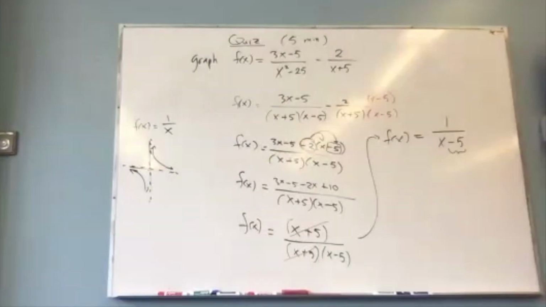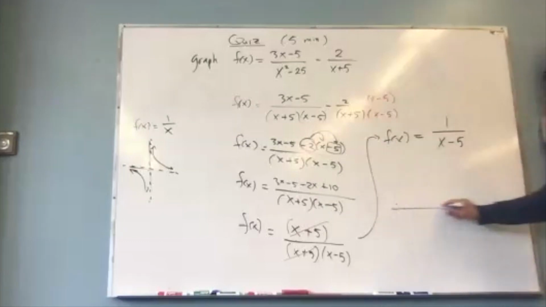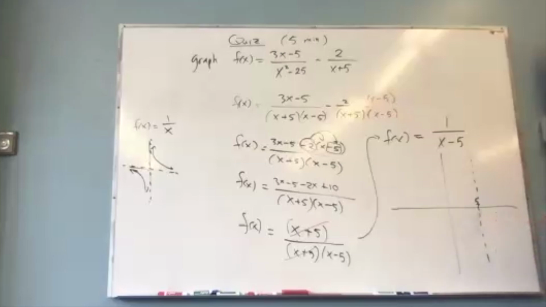Move the graph to the right. So my graph is going to have positive 5 here, and then I have a vertical asymptote here. I have a horizontal asymptote here. And then my graph is going to look like this.